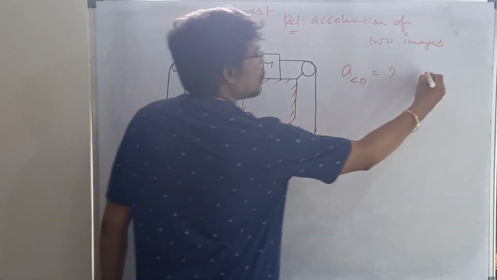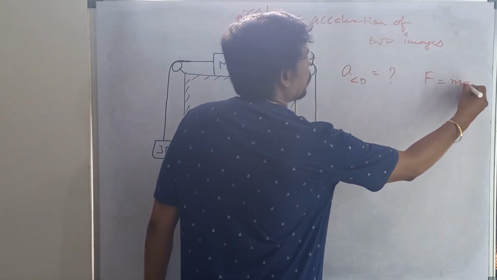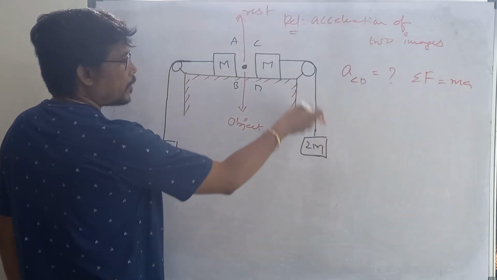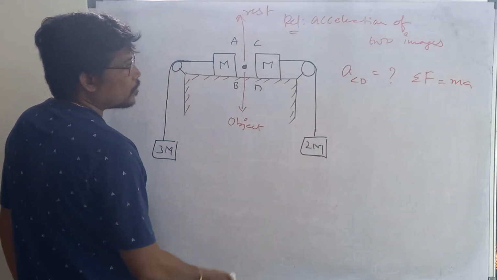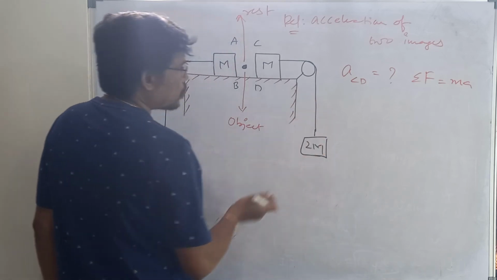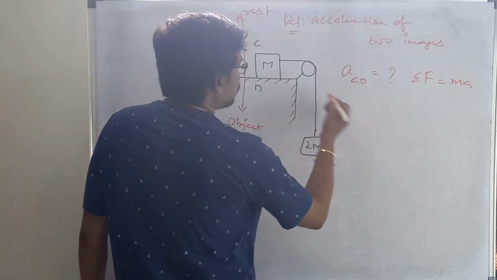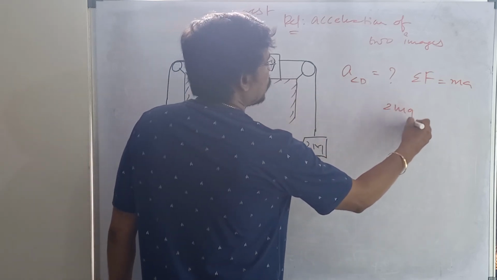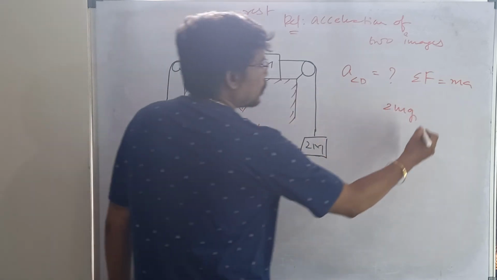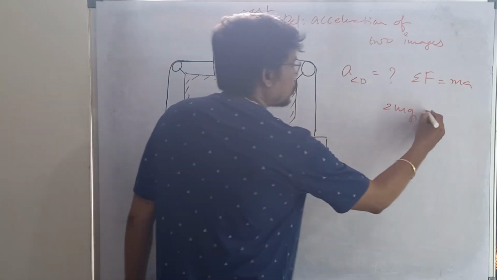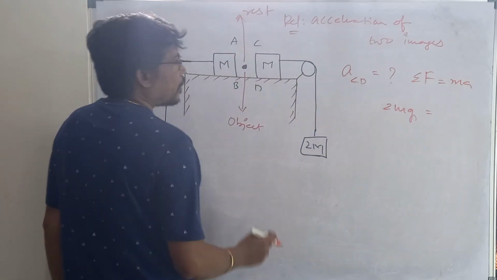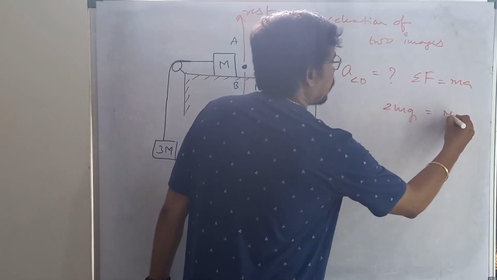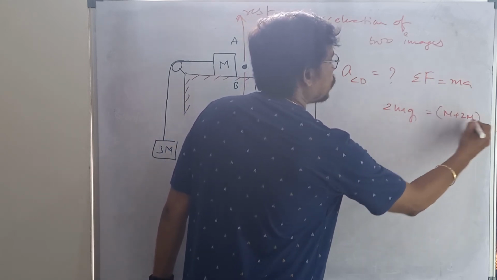You use sigma F is equal to ma. Here I can write the laws of motion equation: 2mg minus 0 is equal to the total mass, m plus 2m, into a.